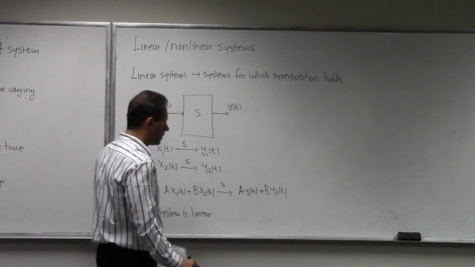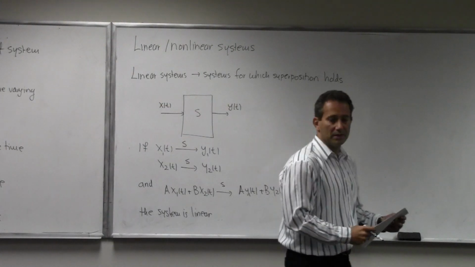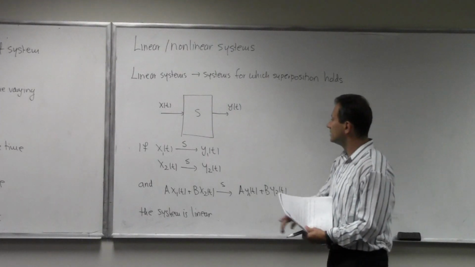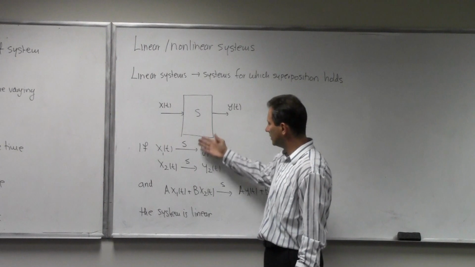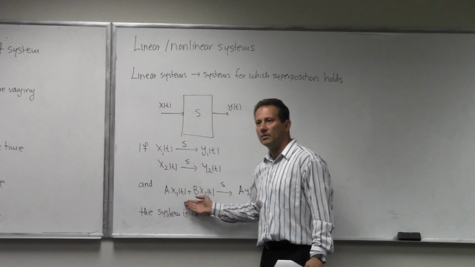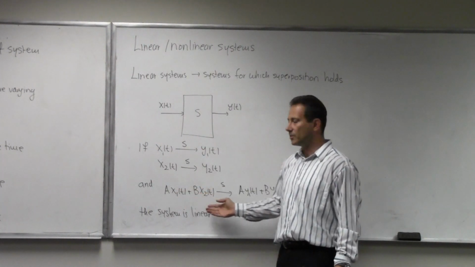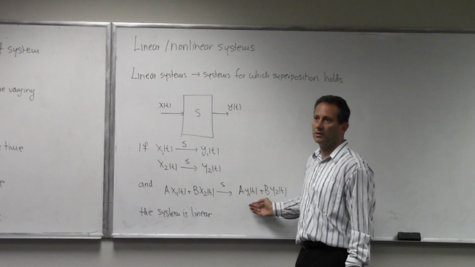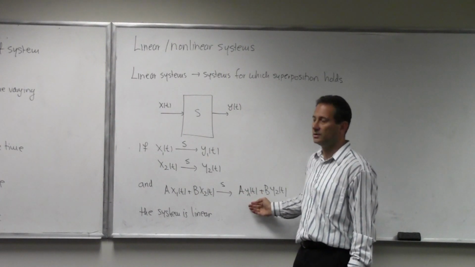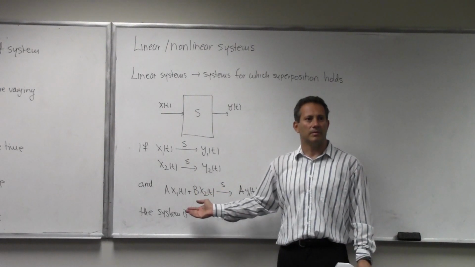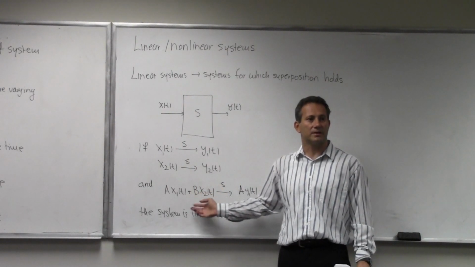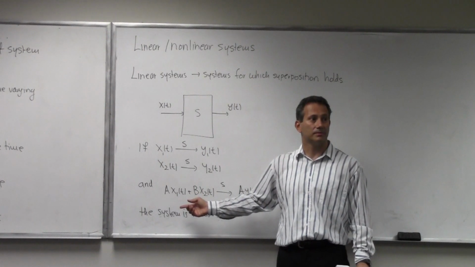If you don't want to use math, you would say the system that's presented with a weighted sum of the inputs produces the weighted sum of the corresponding outputs. In other words, there's no mixing here, there's no product between the inputs.